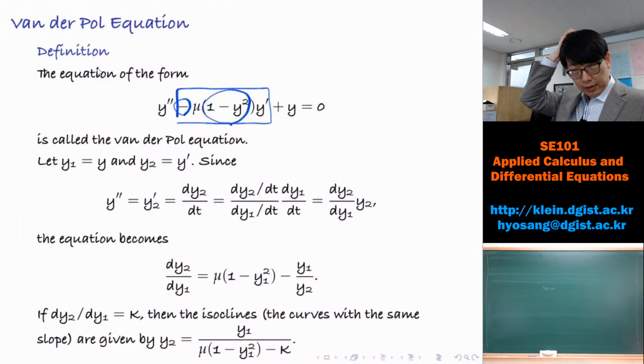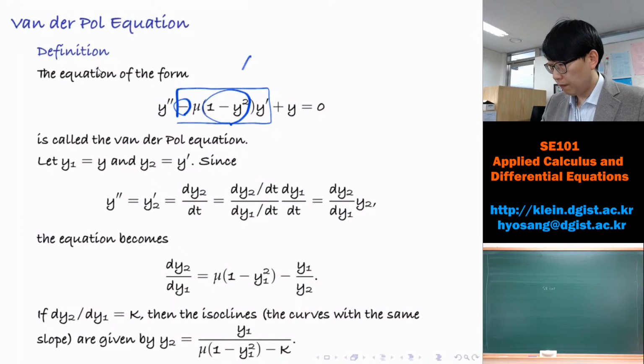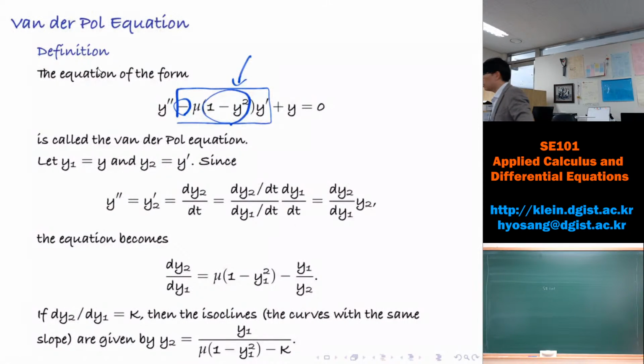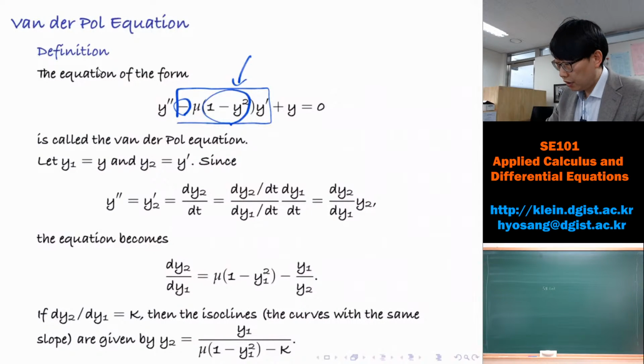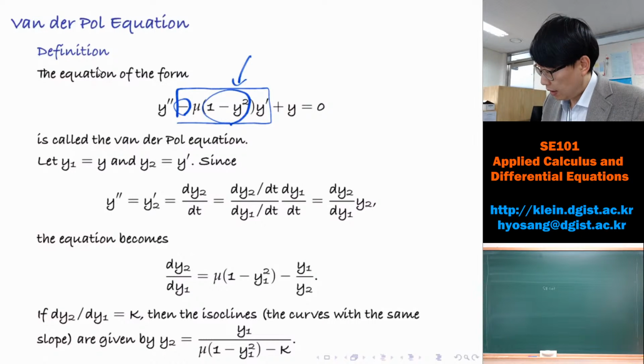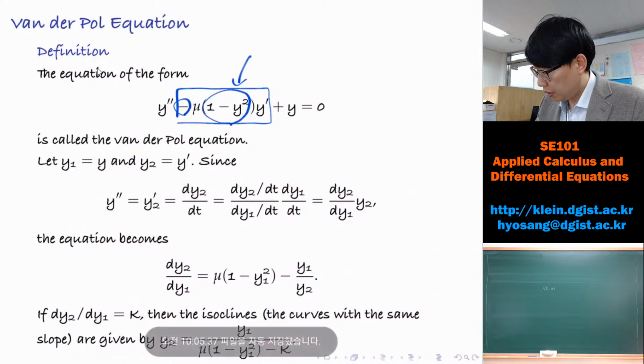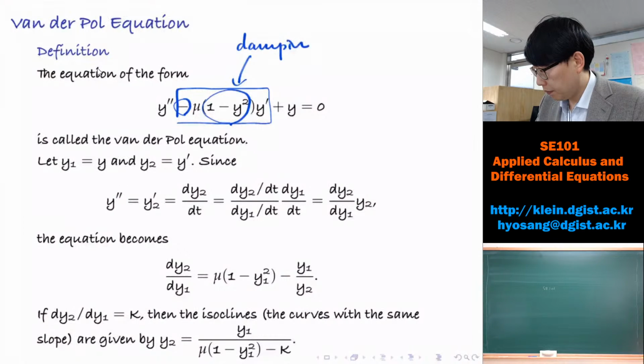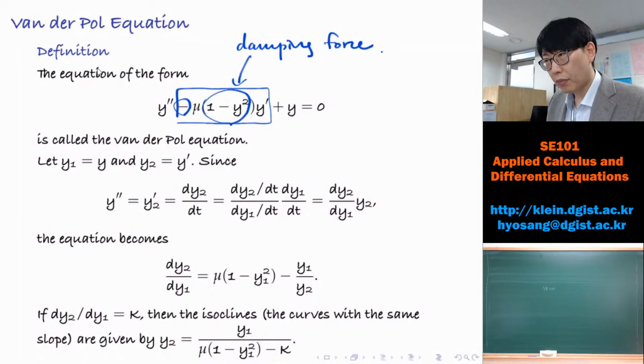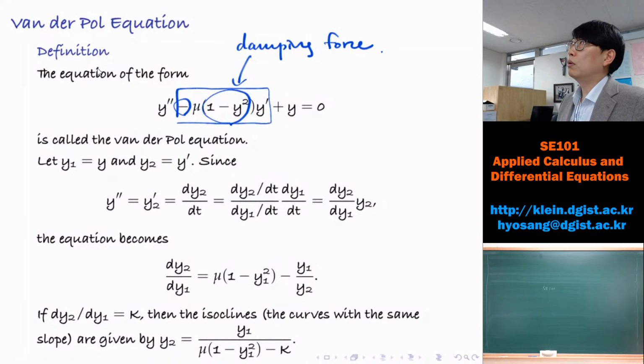So what that means is that you can consider this coefficient as something similar to damping force. In a spring motion or circuit model or other physical model, the damping force is always applied in the negative direction to the moving direction, right?